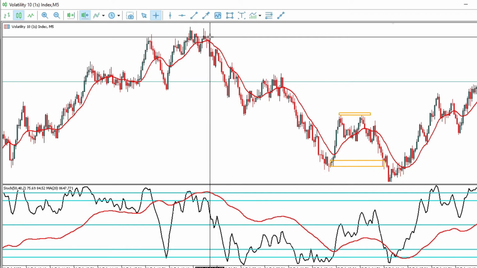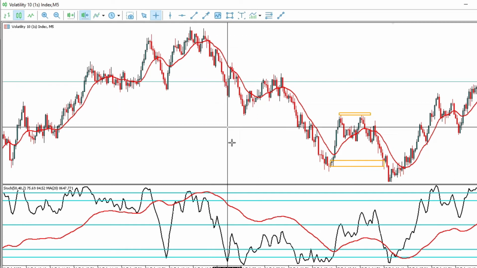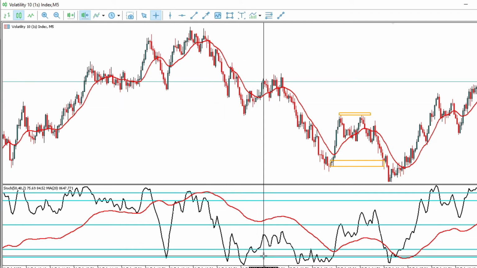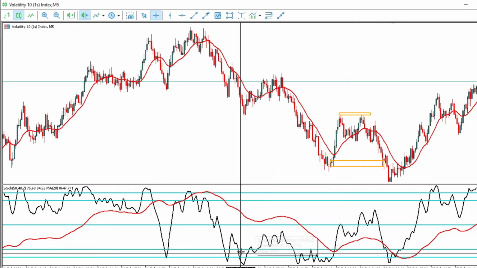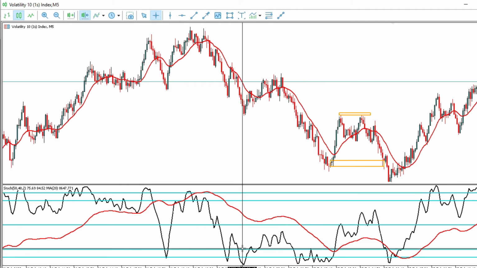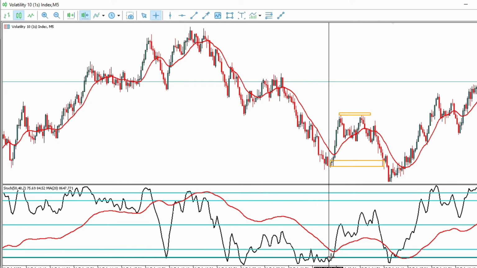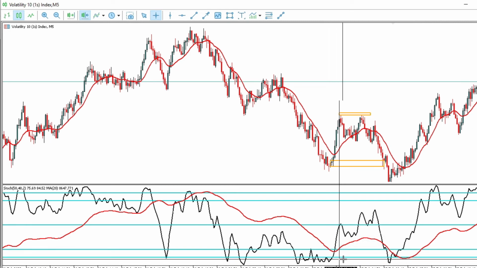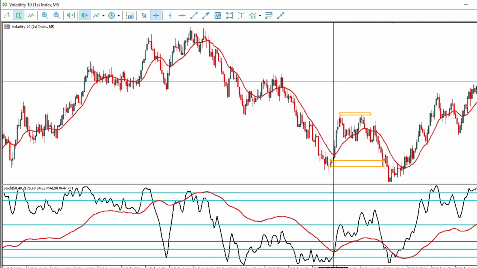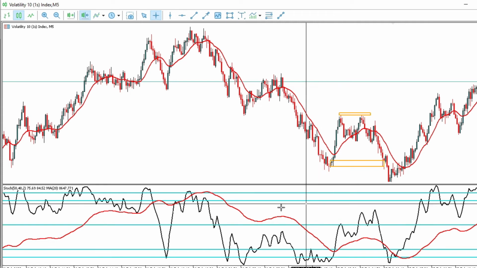So let's say you took your entries here, so it reacted very fast to come down here. Here we don't take more buying entries. We are going to buy when the moving average has reached between level 10 and level 20. That's when we buy. So what does this mean?